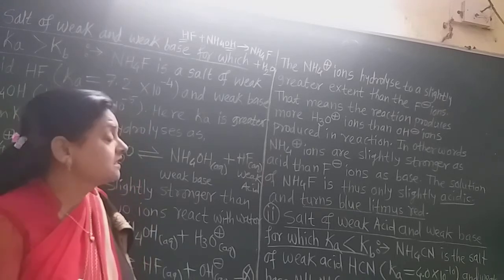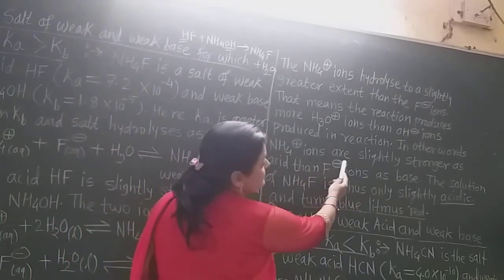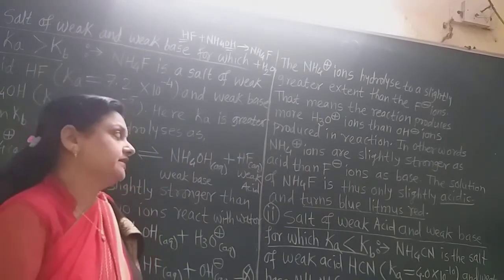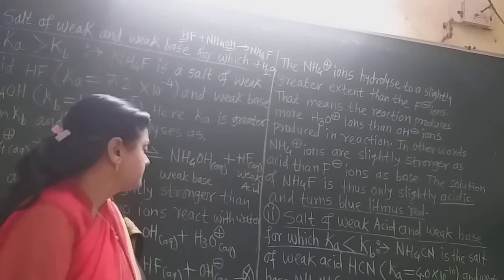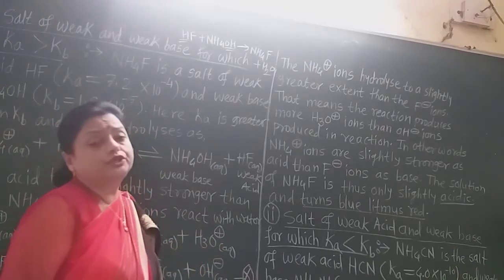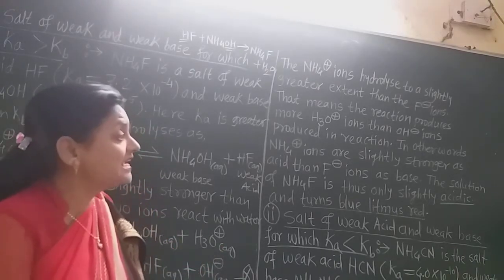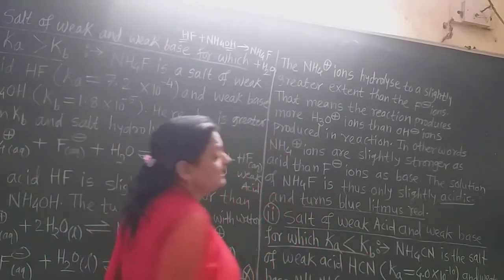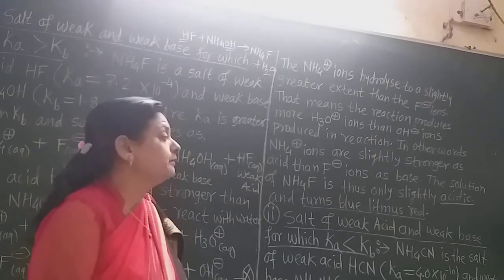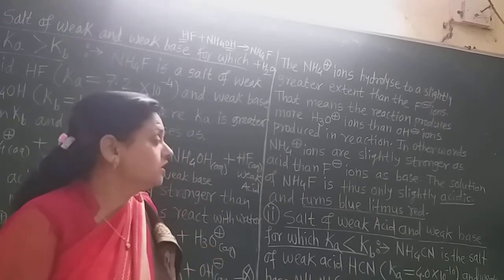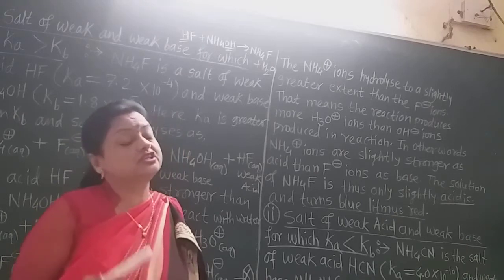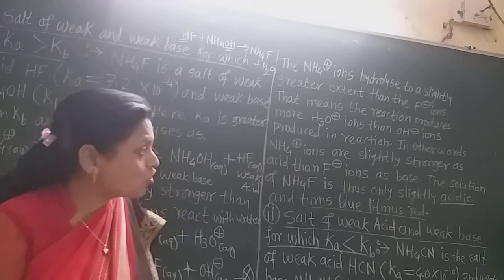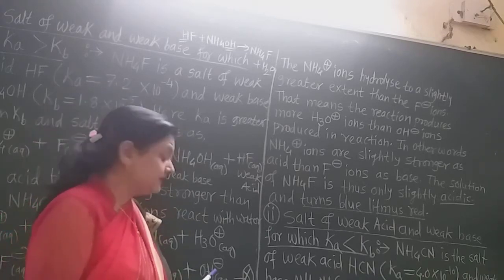In other words, NH4+ ions are slightly stronger than the F- ion, and that's why this hydronium ion forms in more excess than the hydroxyl ions, and the solution of ammonium chloride is thus only slightly acidic and turns blue litmus paper red, because in acidic solution blue litmus always turns red, as there is a greater percentage excess of hydronium ion than the F- ion.